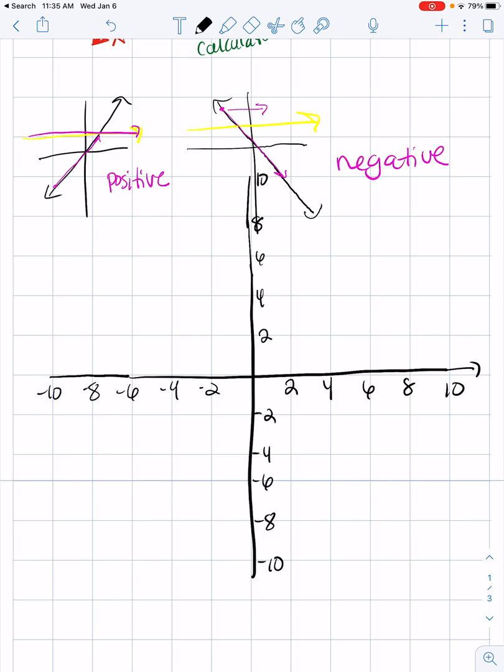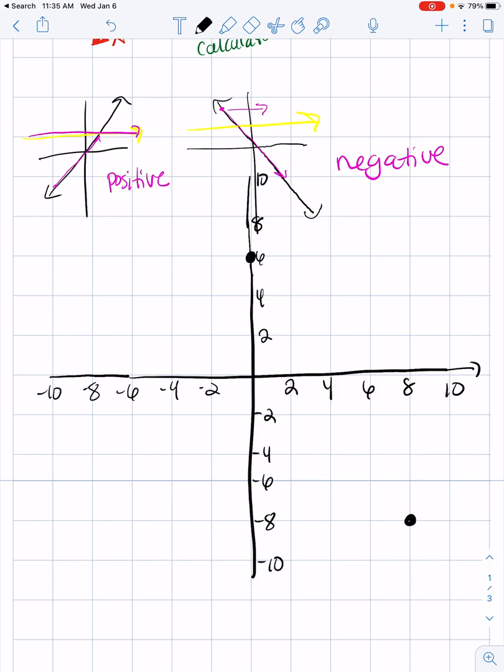So I'm going to put a point on, let's go here. This is going to be a big one. Put a point here, and let's put a point here.